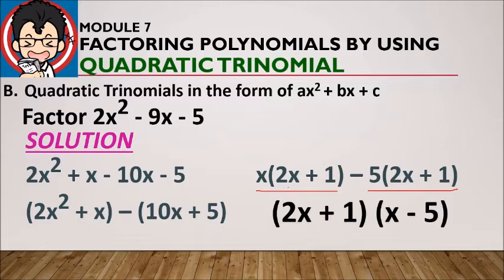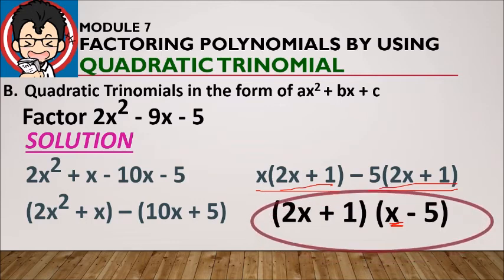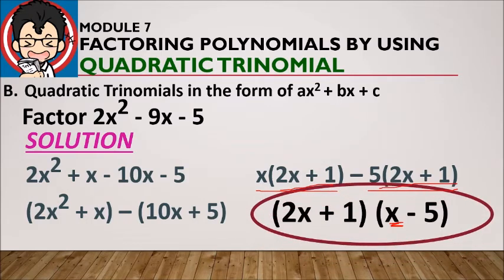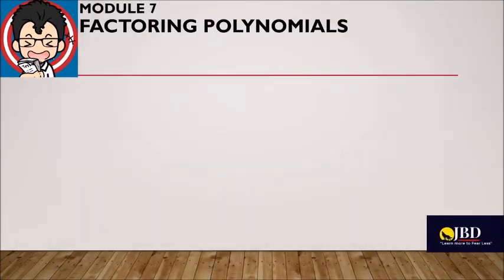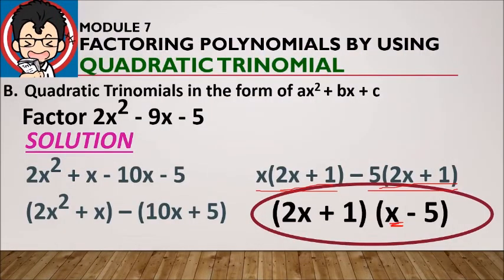So, when I factored out 2x plus 1, x na lang yung naiwan. When I factored out 2x plus 1 sa part na to, negative 5 na lang ang naiwan. Okay? So, that would give us the final result. Meaning, the factored form of 2x squared minus 9x minus 5 is 2x plus 1 and x minus 5.